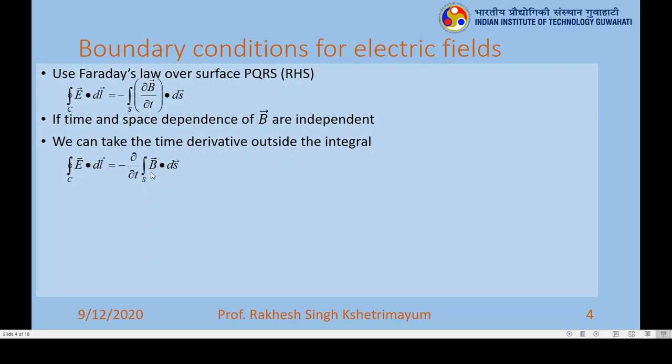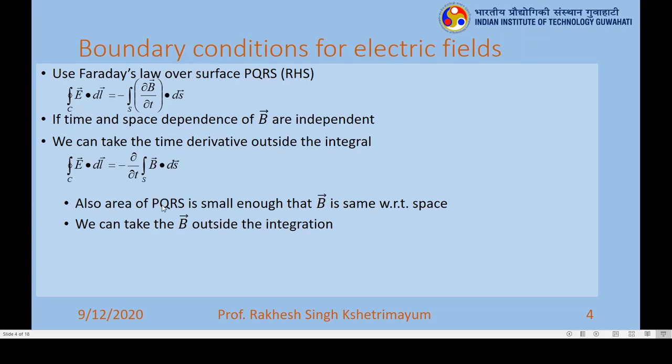When you integrate the magnetic flux density over the surface, we get the magnetic flux. One more assumption here is that the surface PQRS is small enough that B is almost constant, not changing with respect to the space variable inside this surface PQRS.